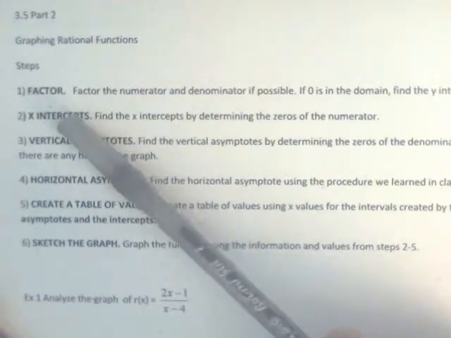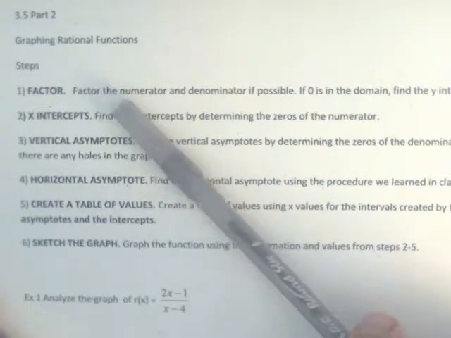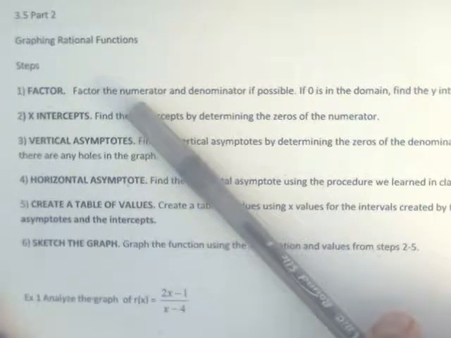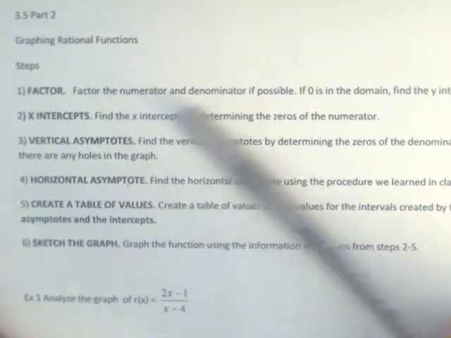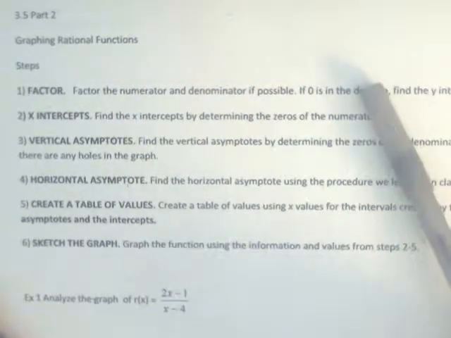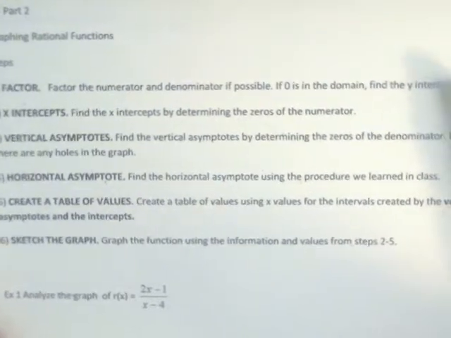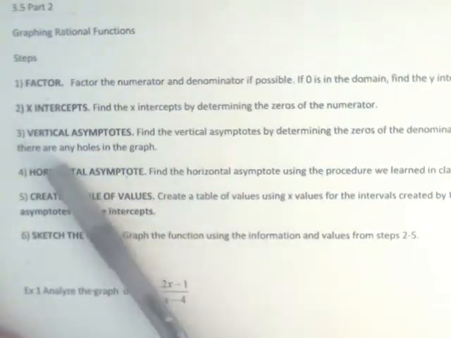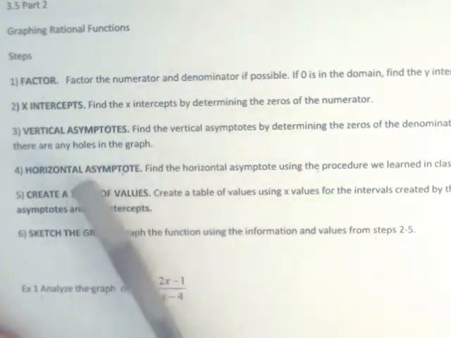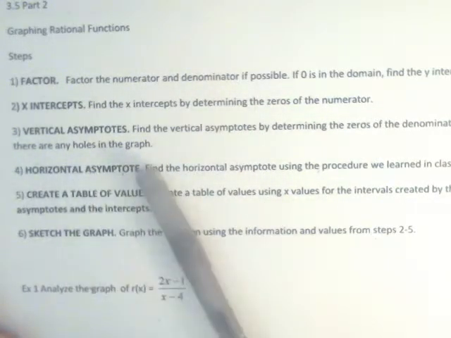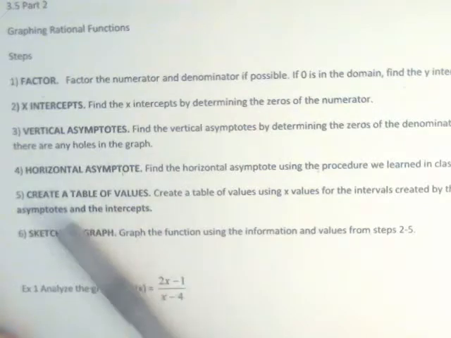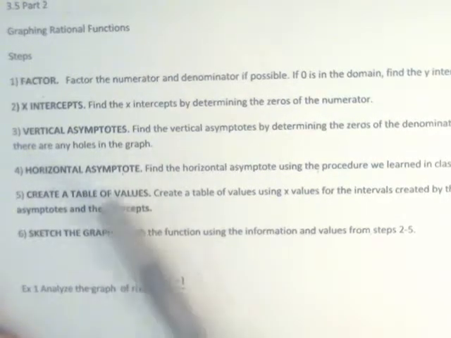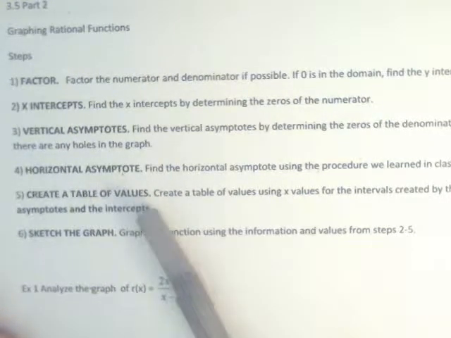So what I suggest doing is you can factor, if possible, numerator and denominator, and then if 0 is in the domain, find the y-intercept. Find the x-intercepts, vertical asymptotes, any holes, horizontal asymptote, and then the new stuff will be creating the table of values and sketching the graph.